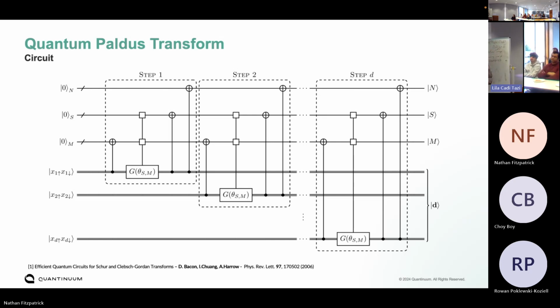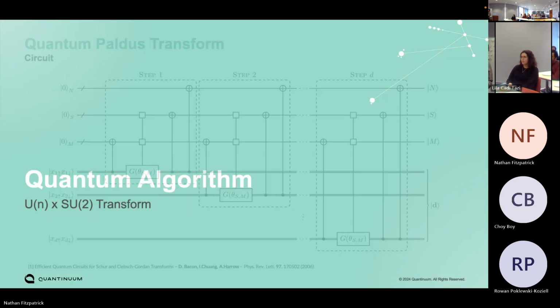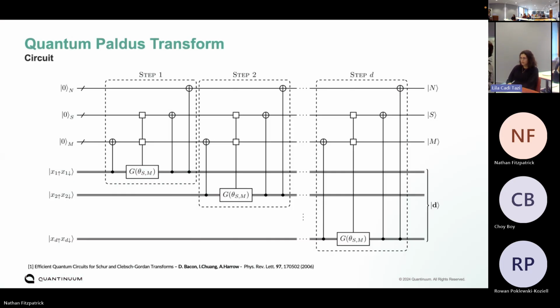I think. Yeah. And there's a paper called like quantum Schur transform or something. I thought that they were doing it very differently, but are they doing the same thing? Yeah.